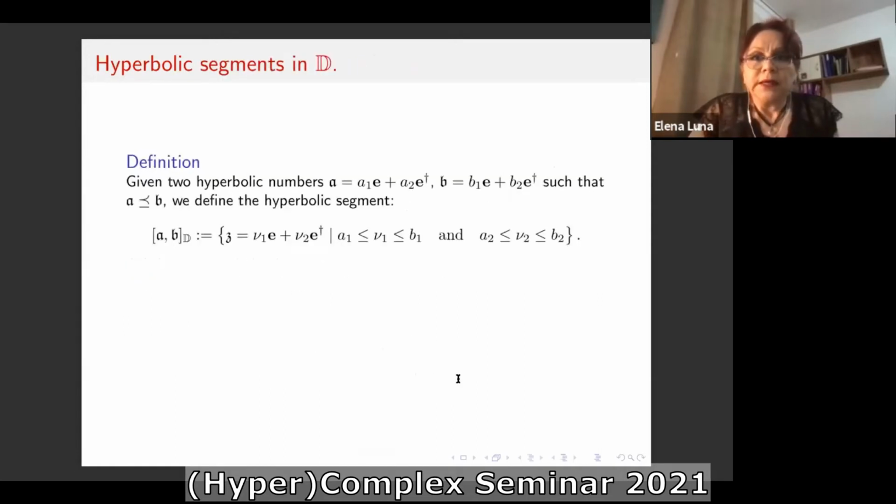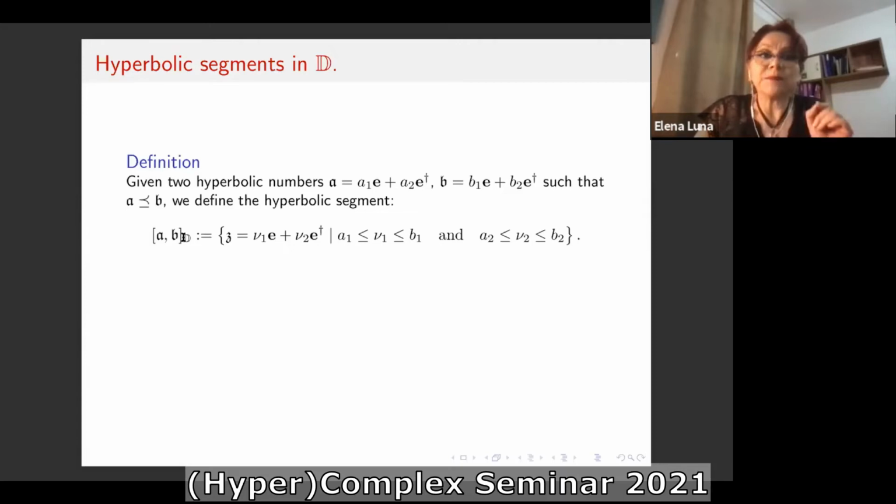Okay, now something more, another geometrical object is the hyperbolic interval. A hyperbolic interval is defined as follows. Let's take two hyperbolic numbers, A and B, both written in idempotent form, and we choose them such that A is related with B with respect to the partial order.